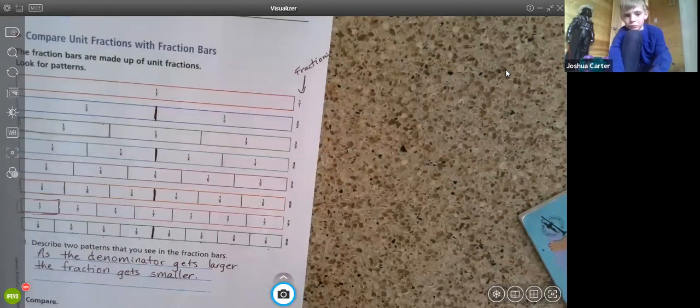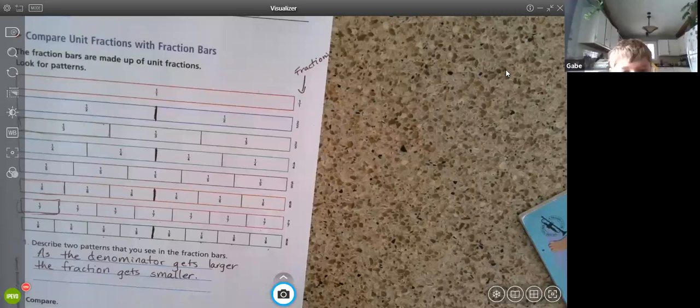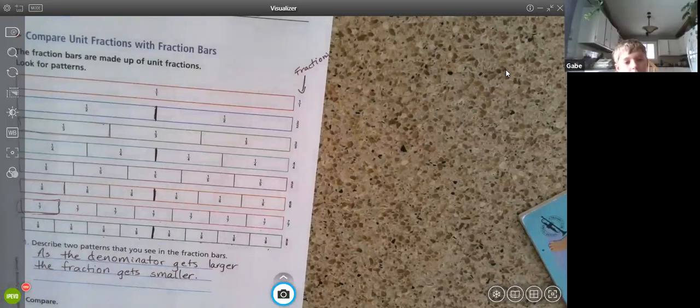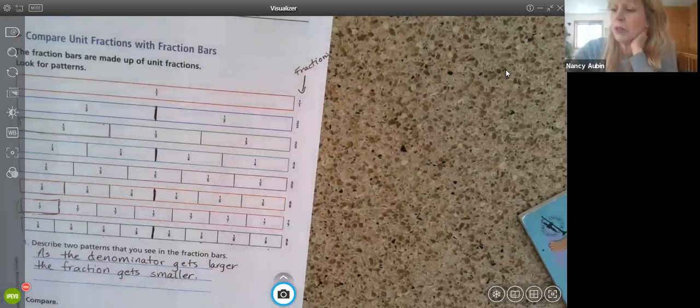I noticed that first one at the bottom there's a 1. Then the second one there's a 2, then a 3, then a 4, then a 5. Why do you think that's the case? What are we doing with each fraction bar?